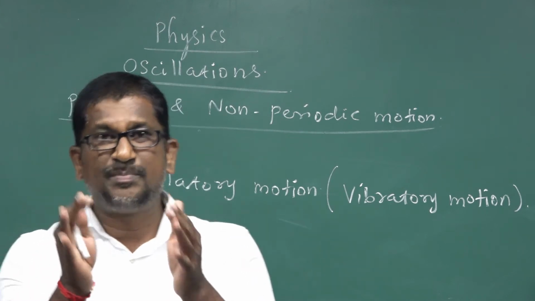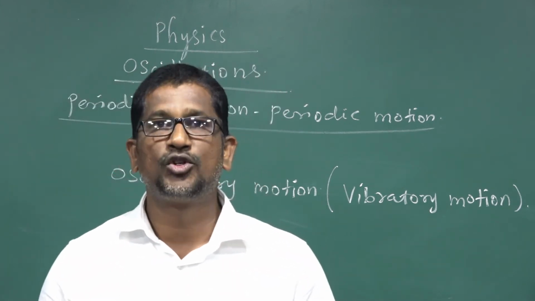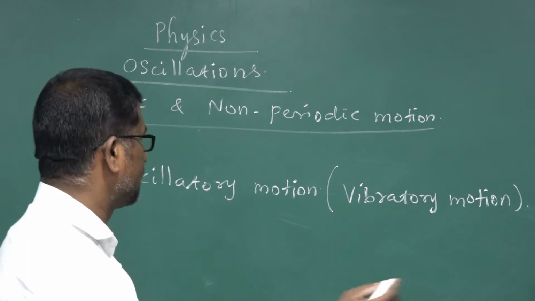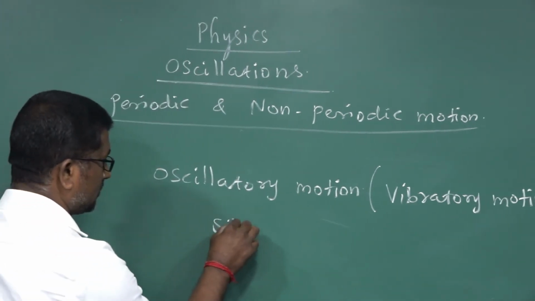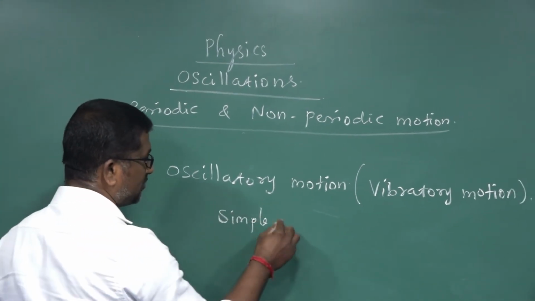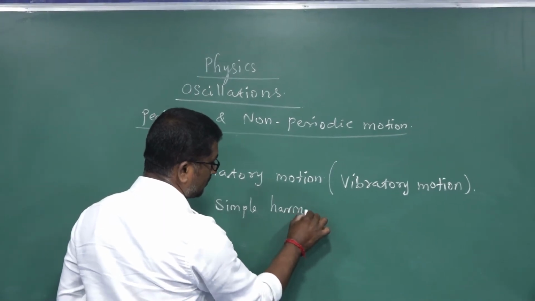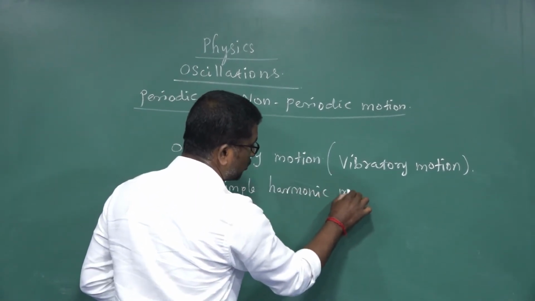A special type of oscillatory motion is simple harmonic motion. Simple harmonic motion is a special type of oscillatory or vibratory motion. All simple harmonic motions are oscillatory motions, but all oscillatory motions need not be simple harmonic motion.